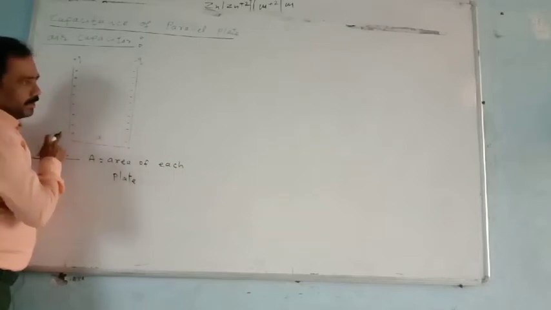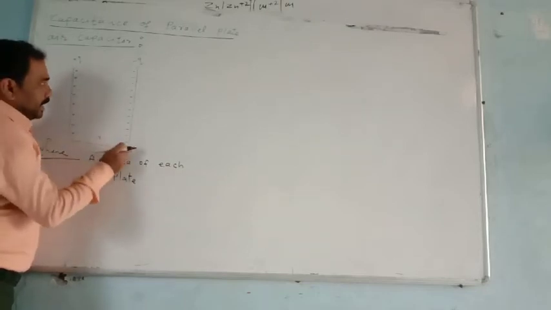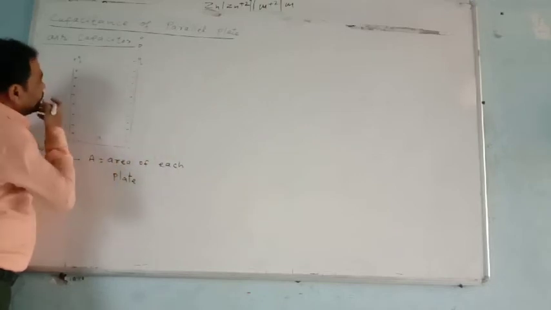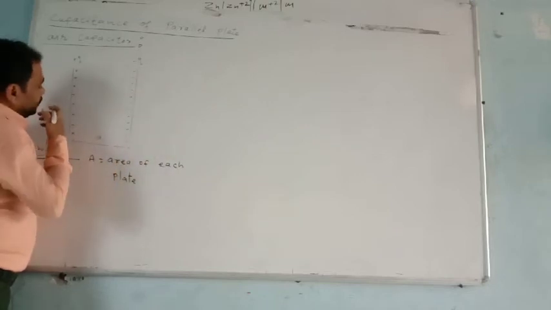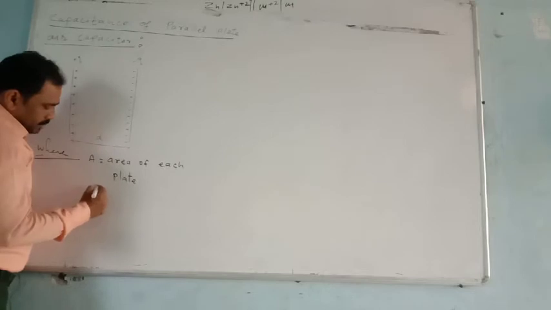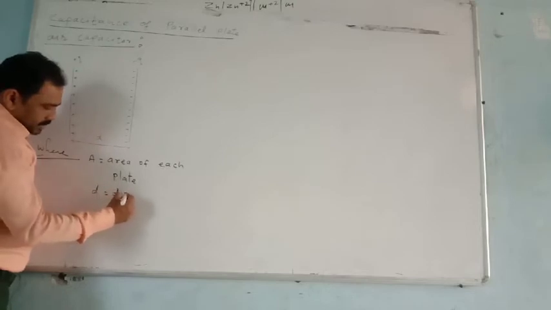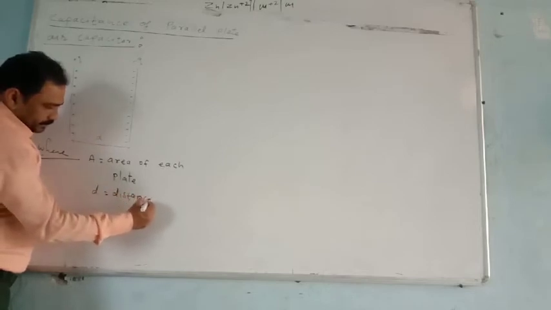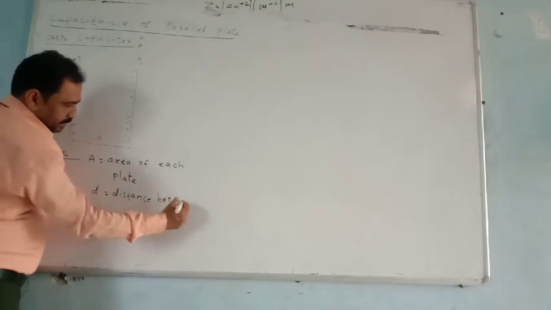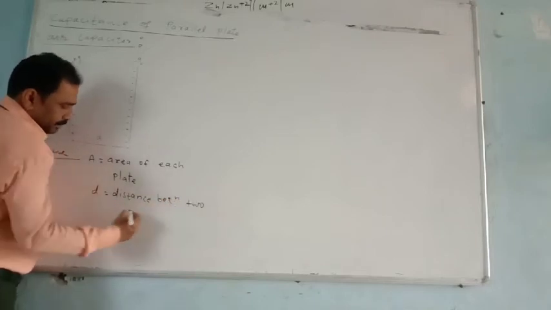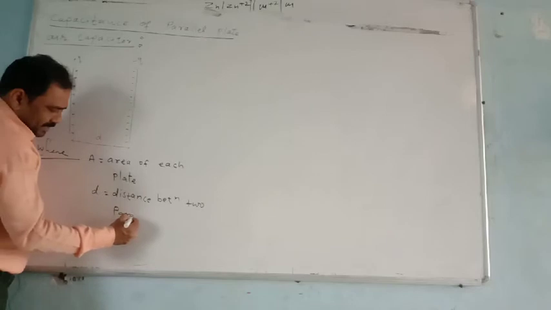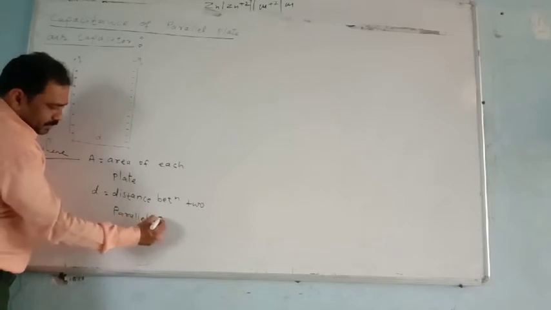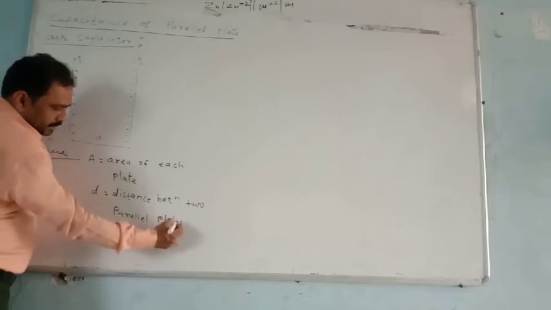So A stands for area of first plate as well as area of second plate. Then small d, that is distance between two parallel plates.